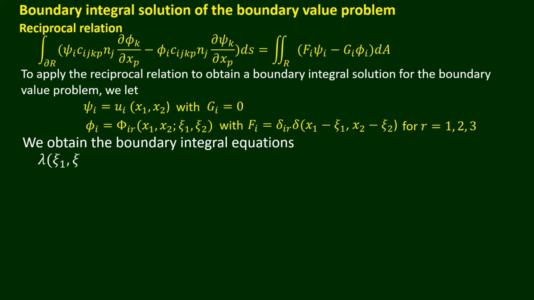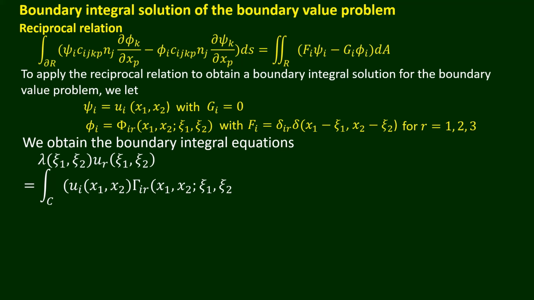λ(ξ1, ξ2) u_r(ξ1, ξ2) equals the line integral over C of u_i(x1, x2) capital Γ_ir(x1, x2; ξ1, ξ2) minus p_i(x1, x2) capital Φ_ir(x1, x2; ξ1, ξ2) ds(x1, x2).